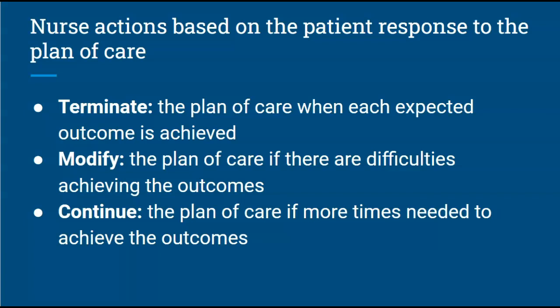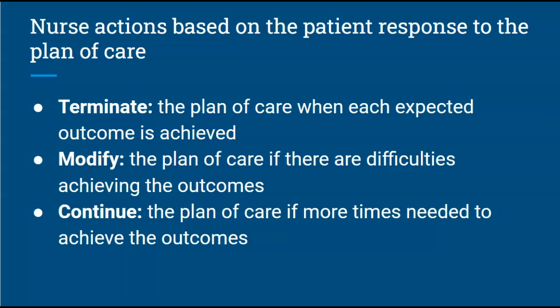Modify would be if the plan of care has some difficulties in achieving outcomes. That one would be where you evaluate and see why certain things aren't happening, why they aren't making their goals, and make changes as needed.